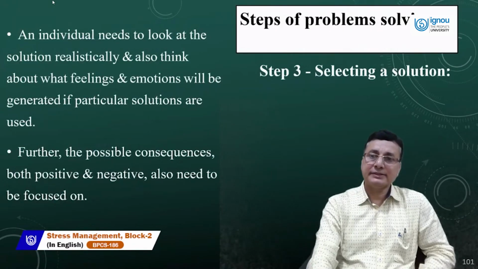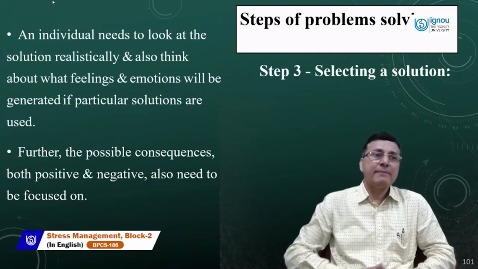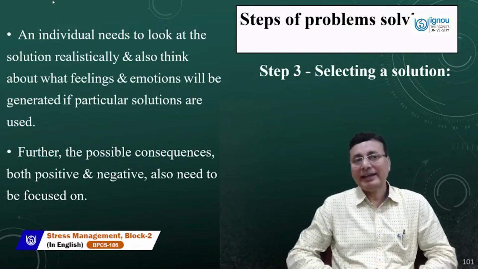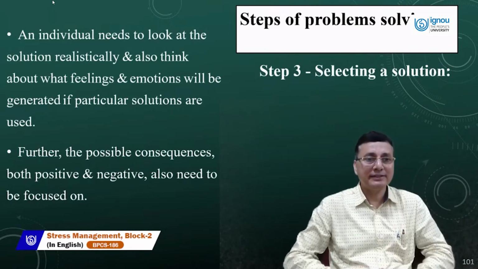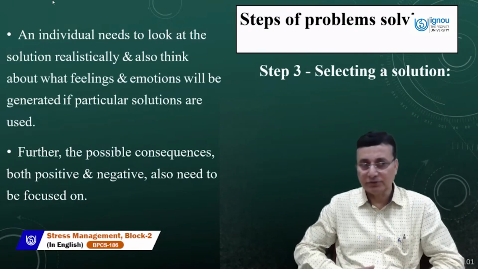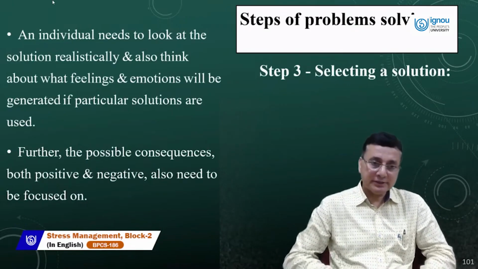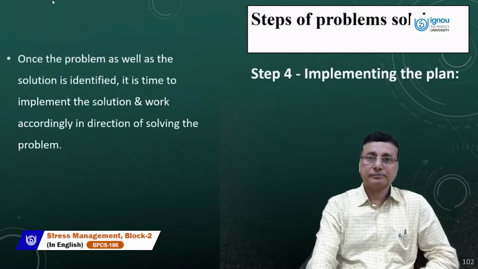Step 3 is selecting a solution. So you have a list of solutions, you are selecting one. An individual needs to look at the solution realistically and also think about what feelings and emotions will be generated if particular solutions are used. Further, the possible consequences, both positive and negative, also need to be focused on.